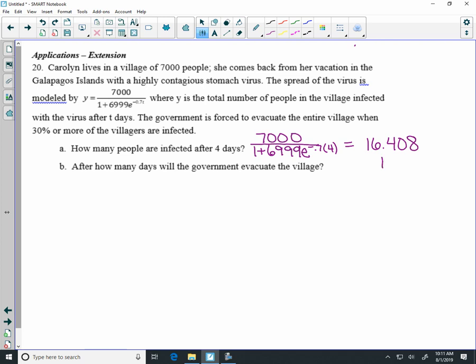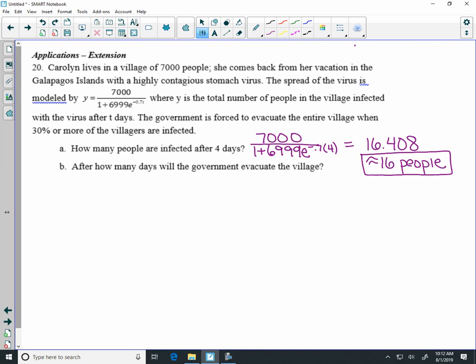So approximately 16 people have this highly contagious stomach virus after 4 days. It says that the government will evacuate the village when 30% or more of the villagers are infected.